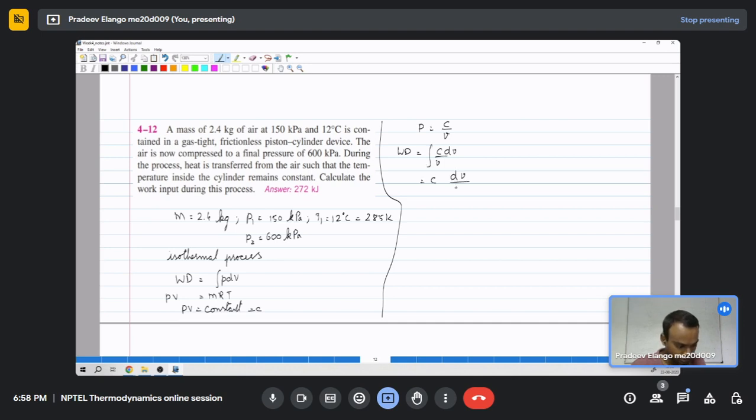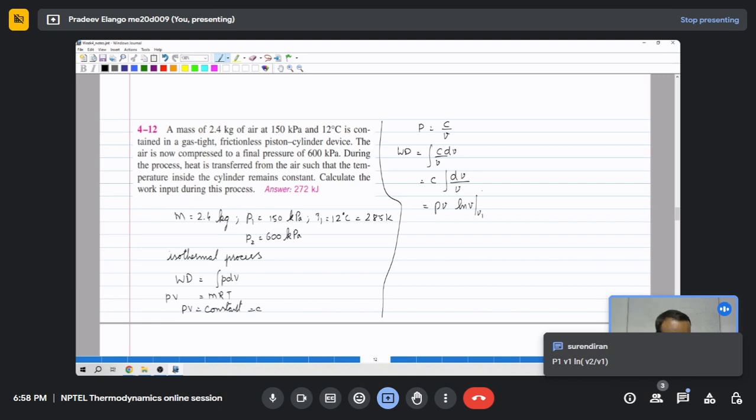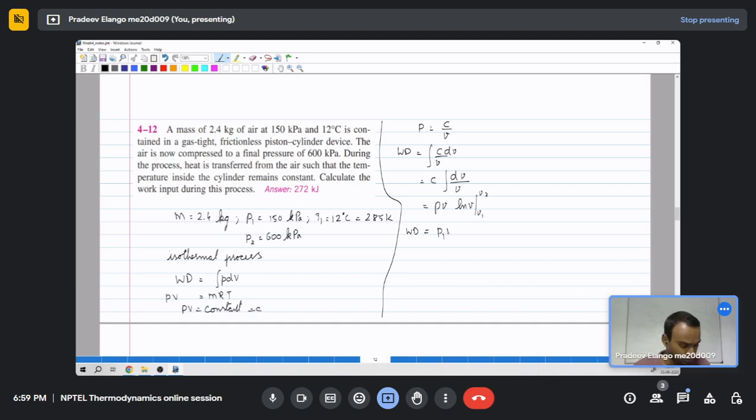We will have dV by V. So this constant is PV. Integral dV by V is ln V over the limits V1 to V2. Yes. So work done can be written as P1 V1 ln V2 by V1.